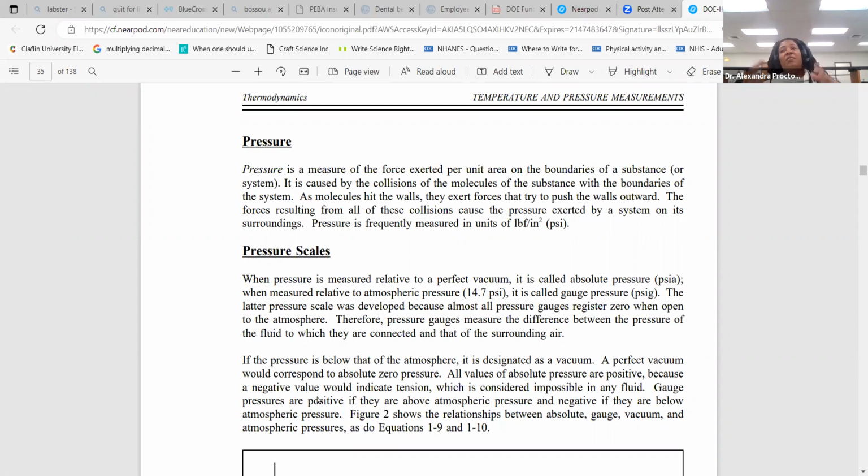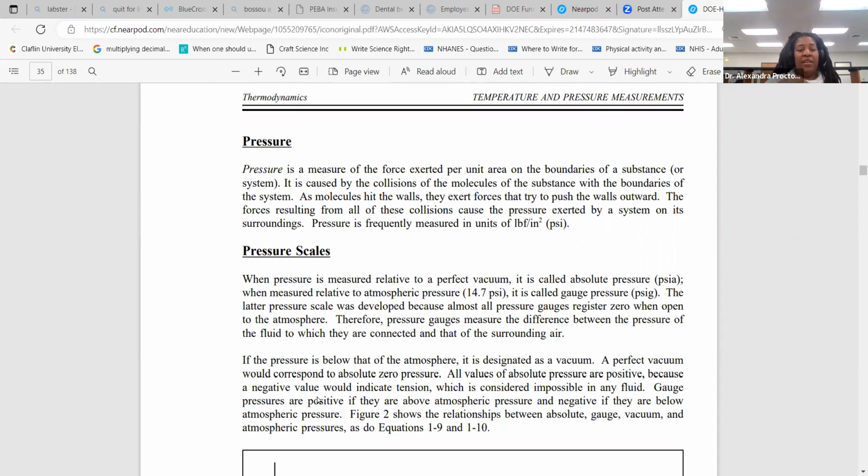So they give you these expanded units and then they give you PSI. Pressure scales: when pressure is measured relative to a perfect vacuum, it's called absolute pressure. Absolute pressure is PSIA.